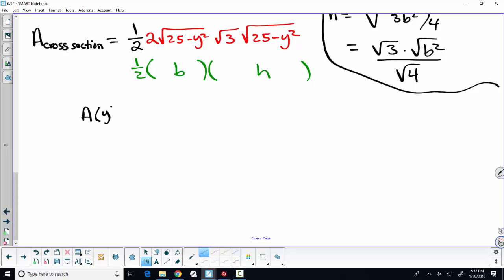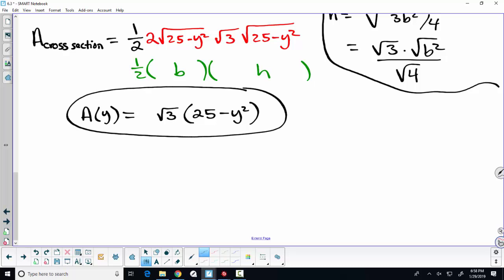So the area of cross sections are given by root 3 times 25 minus y squared. Do y'all have questions on that?